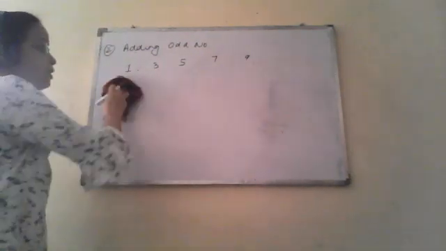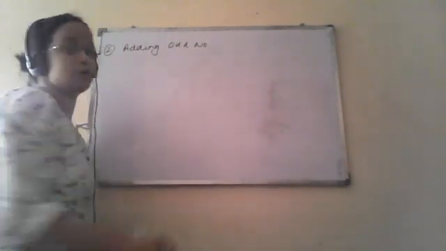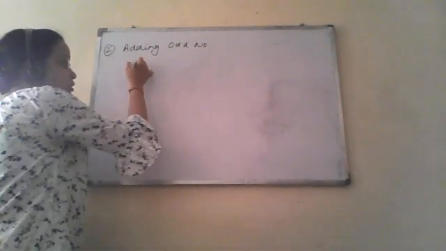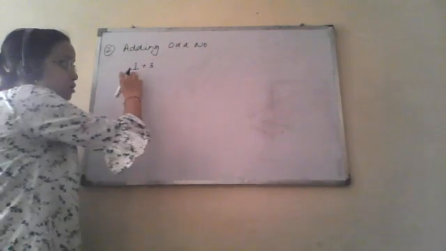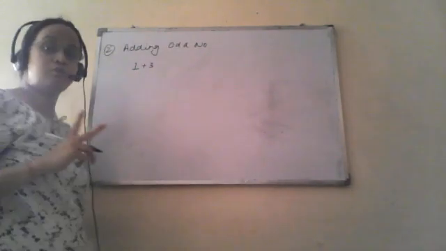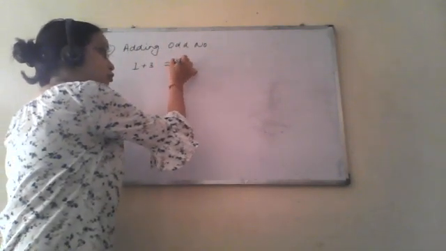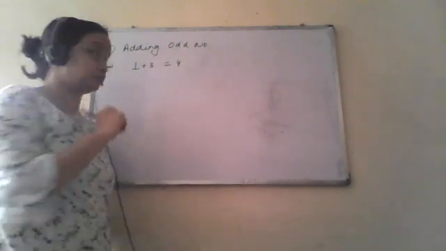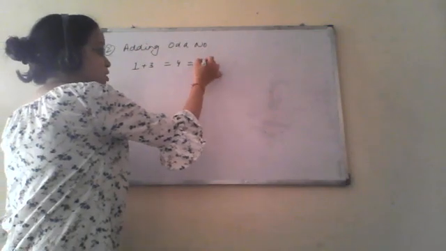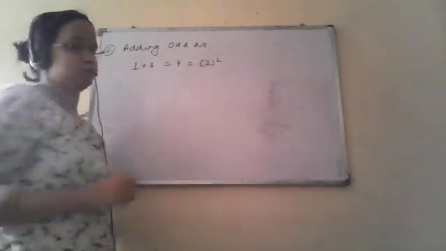Now, if we add consecutive odd numbers, see, this is 1 plus 3. These are the first two consecutive odd numbers. Their sum will be 4. Clear? And this 4 is a square of 2.